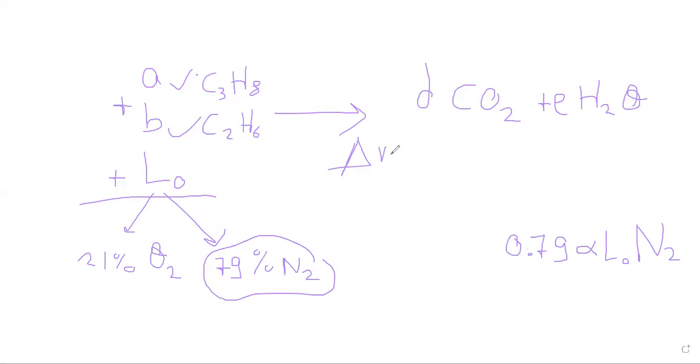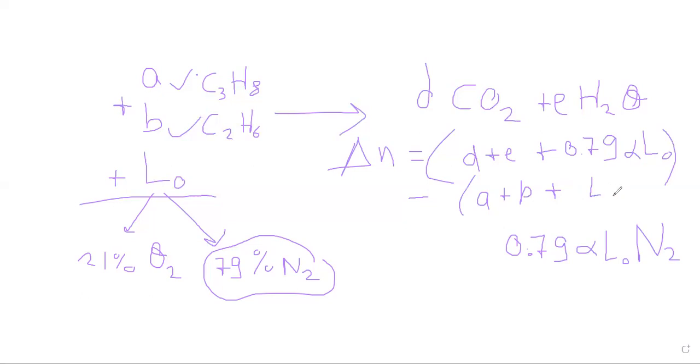So delta N is equal to D plus E plus 0.79 alpha L0, minus the number of kilomole that was already here, so minus (A plus B plus L0).